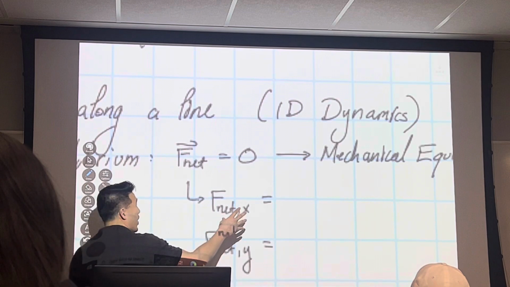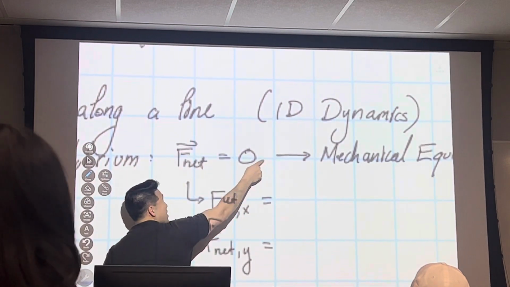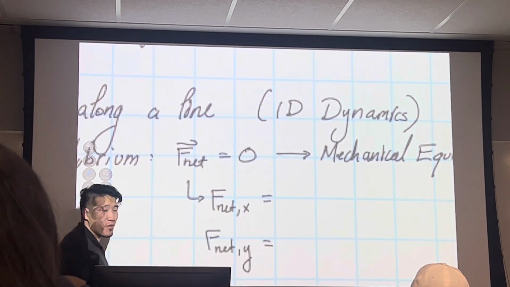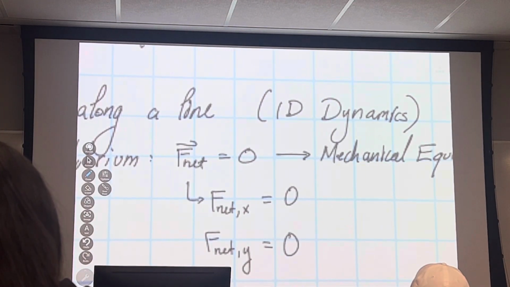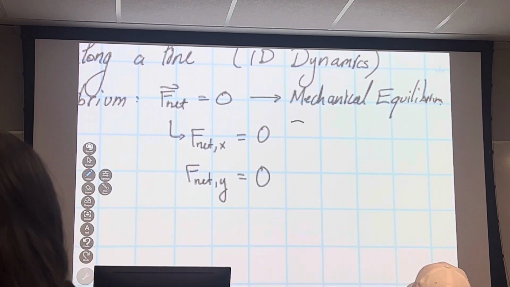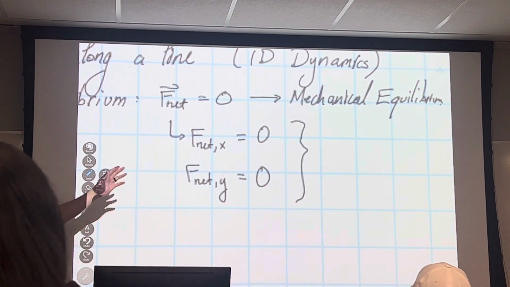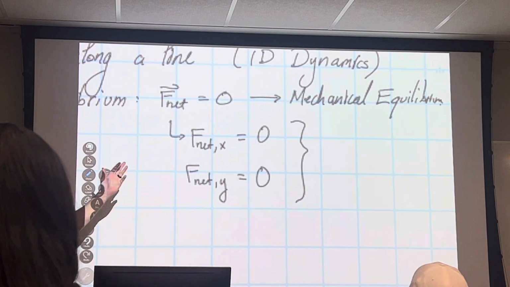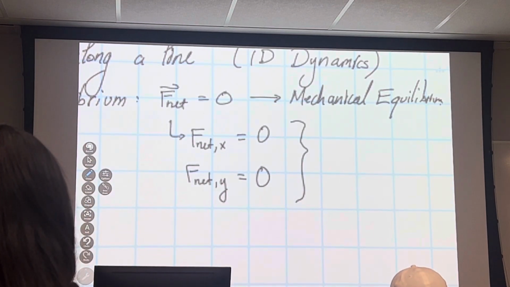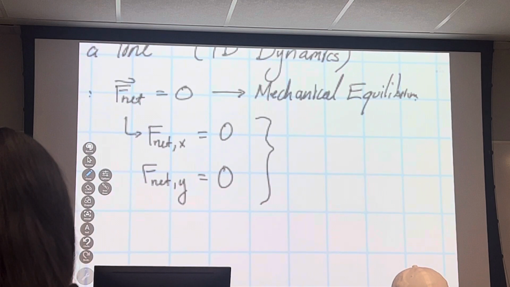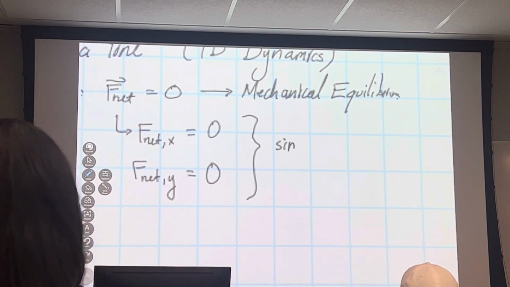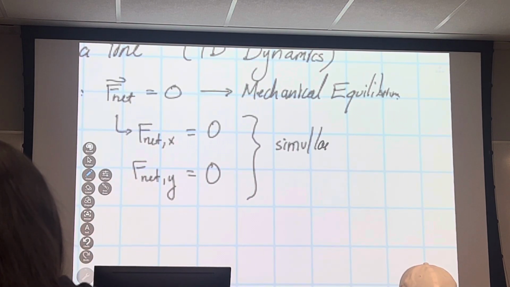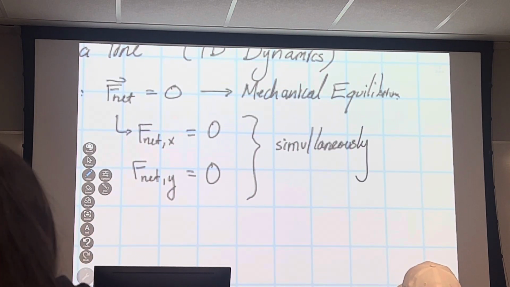There's only one way for the net force to equal 0, and that is only if both of these components are also equal to 0 at the same time. So the net force vector equaling 0 means the individual components are 0. The x and y components are 0 at the same time. So this must be simultaneous. They must simultaneously be equal to 0.